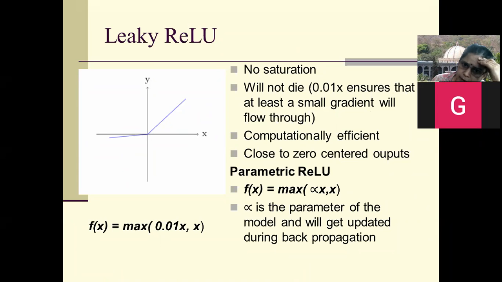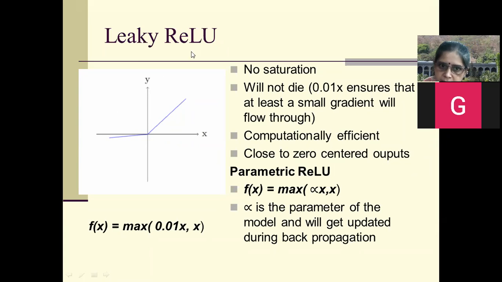Again, as compared to the sigmoidal or tanh function, this leaky ReLU function is computationally efficient, and it is also close to a centered output, because on the positive side you are getting some output, and on the negative side you are also having some output. So it is not exactly centered, but it is close to zero-centered output. Okay.